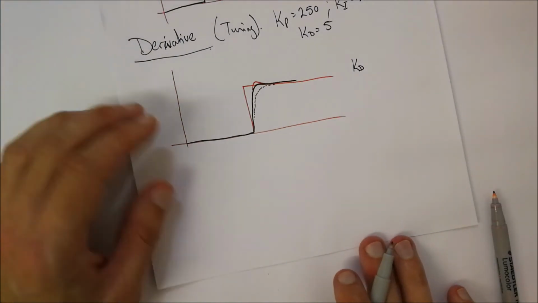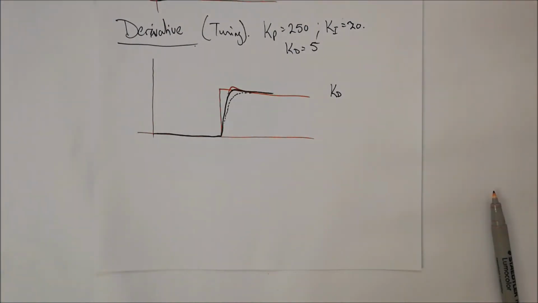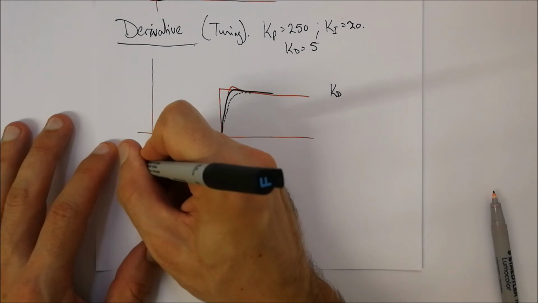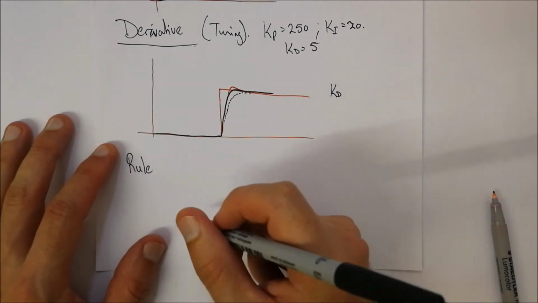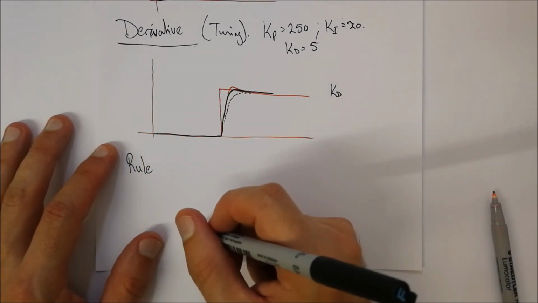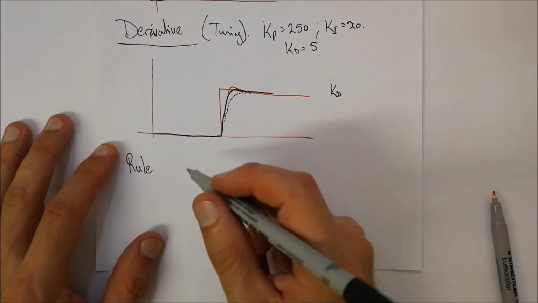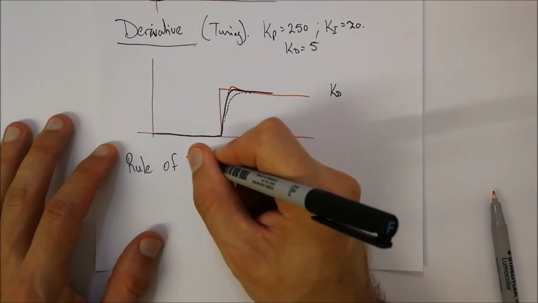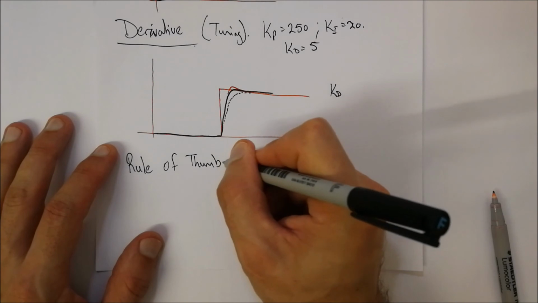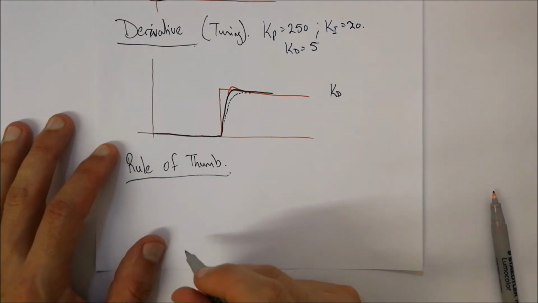Now again, a rule of thumb, and like I say, this is not always the case. It depends on the system that you're going to be using. The steps I've just shown you in terms of the tuning for your PI and D controllers is essentially what you would do. But if you have a look at different PID controllers and what their parameters are, this rule of thumb might be of value to consider.